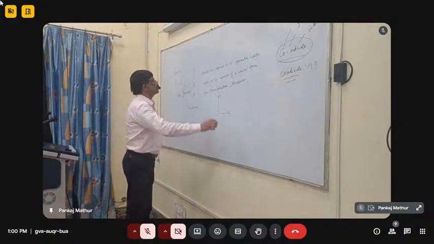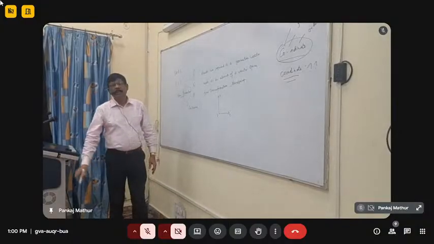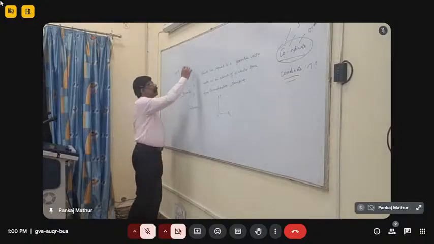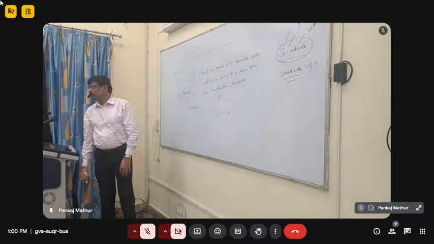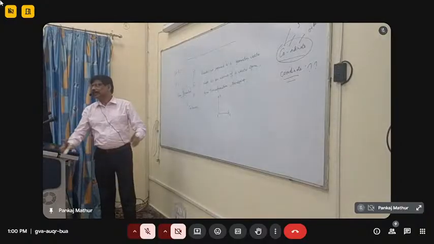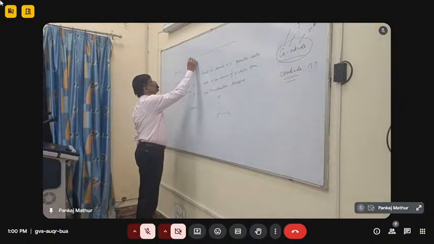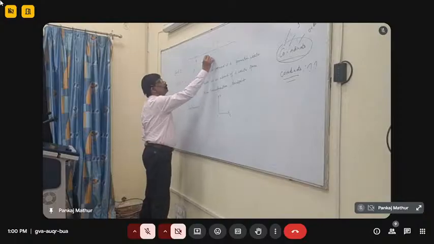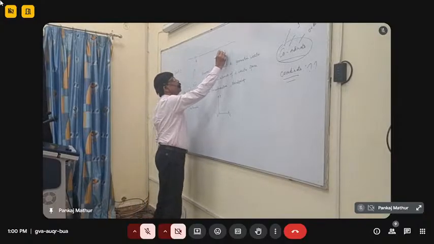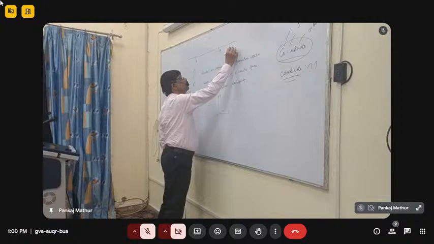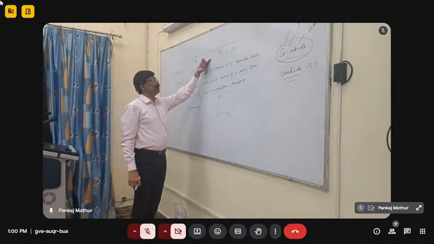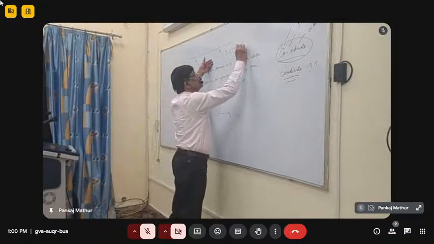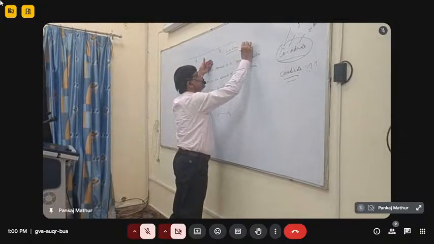According to Euclid, a line is a breadthless length. So if we say AB is a line, then what does it mean? This AB is actually a line segment, not a line.